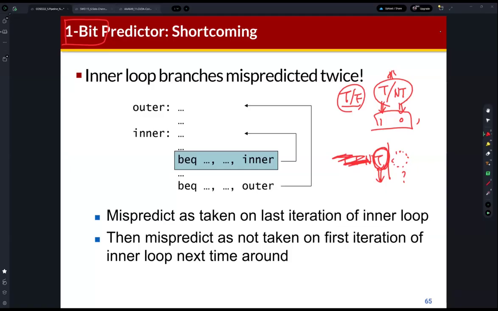The one-bit predictor just stores this previous result, just the previous event of the branch instruction. So it just monitors the very previous event of the branch instruction.